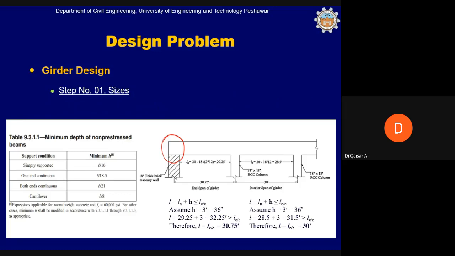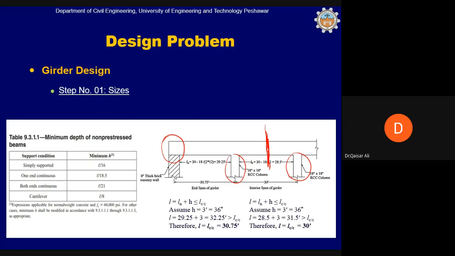On the other end, it is also supported on a wall. At the two intermediate supports, it is resting on columns. Correct? And it is symmetrical about the mid span, on both sides.